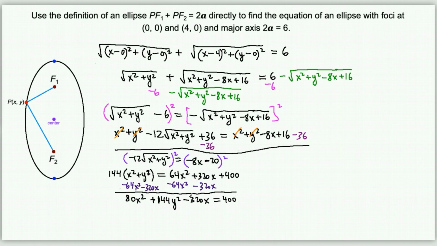because these terms can be reducible, right? So if we divide by 2, that's possible. We can also divide by 4, all of these. 144 can be divisible by 4, I believe. 320 can be divisible by 4.